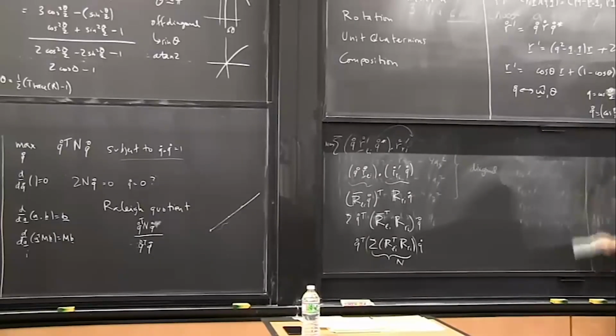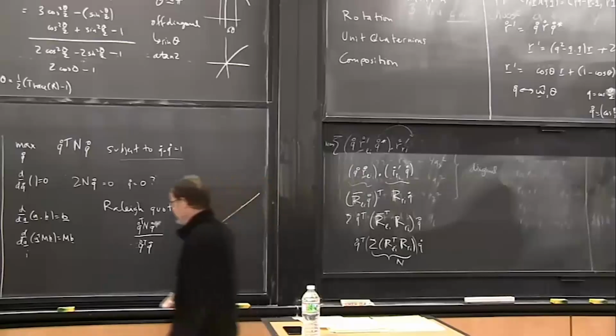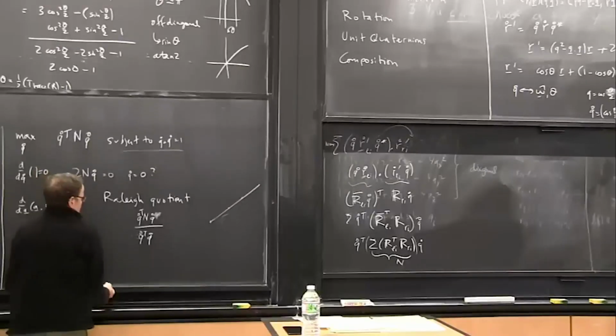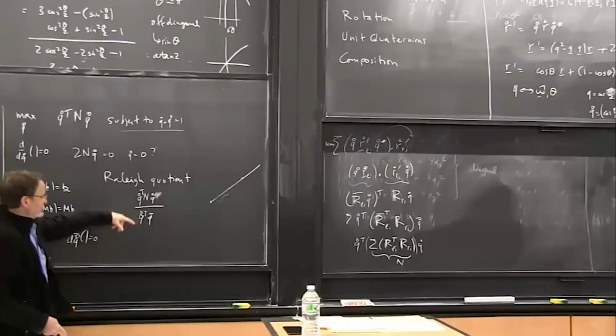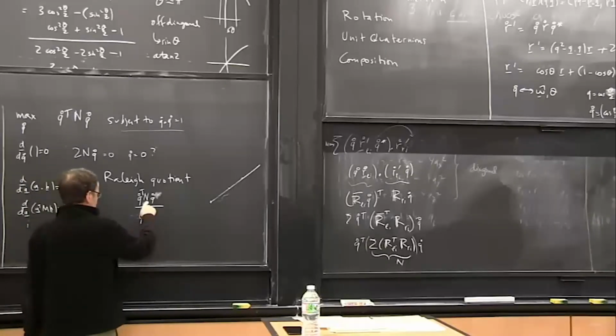Well, now it's a pretty straightforward calculus problem. We just differentiate with respect to Q and set the result equal to 0. It's a ratio, so we use the rule for differentiation of a ratio. First differentiate the numerator, we get 2nq divided by this.